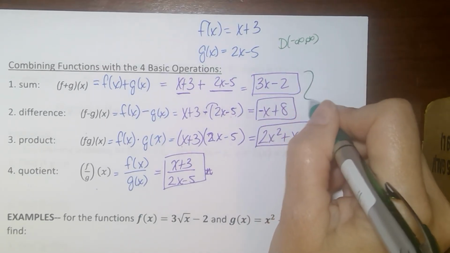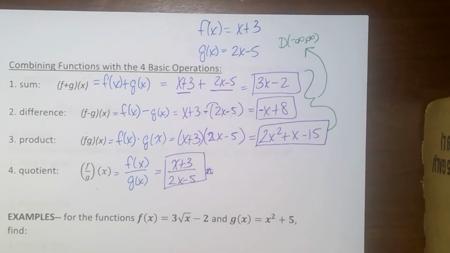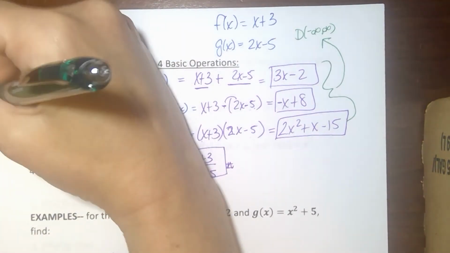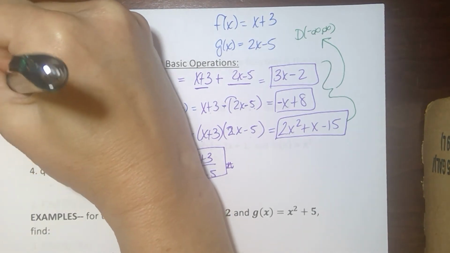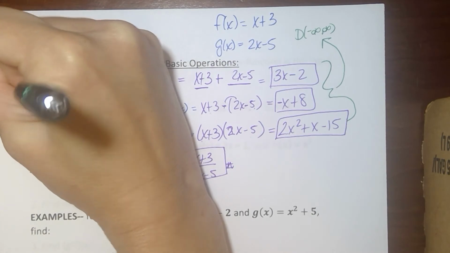When I add, subtract, and multiply, the domain of the combined function is going to be the same as the domain of the original functions. There will be no new restrictions. But let's mark that down over here. Same domain as the original functions.